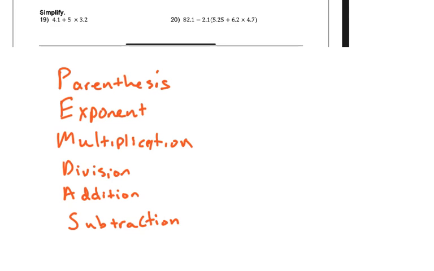And the significance of PEMDAS is that it tells us what we're allowed to do first, second, third, etc. So when we look at this, we know that we're going to do parentheses first and exponents.